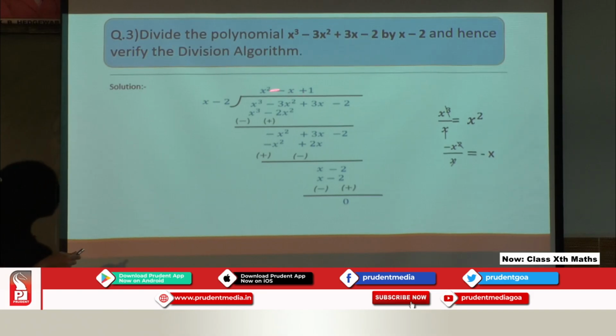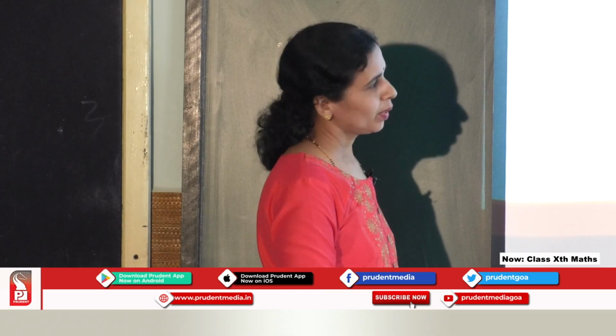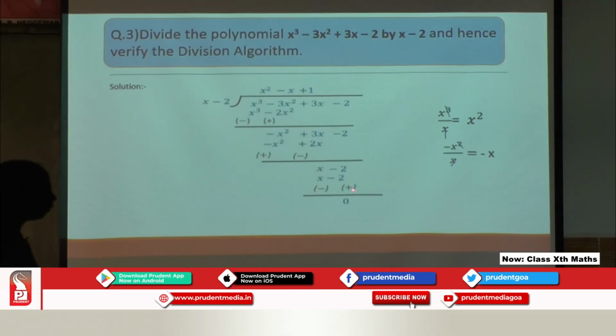So x into 1 is x, and minus into plus is minus, 2 ones are 2. Now again we change the sign, negative changes to positive and positive to negative. Now x and minus x cancel, and minus 2 and plus 2 also cancel. Here we got the remainder as 0, and the quotient as x square minus x plus 1.